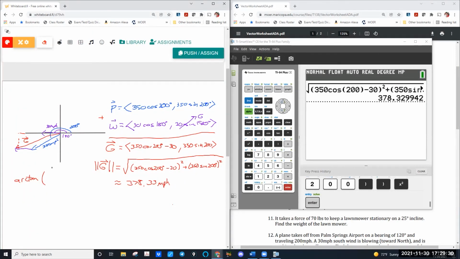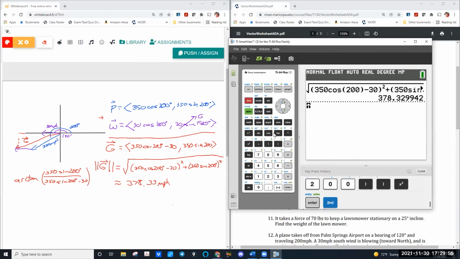We'll make sense of that here in just a second. But it'll be the 350 sine of 200 degrees over 350 sine of 200 degrees minus 30. And our answer should make sense. That's why we want to draw these pictures.